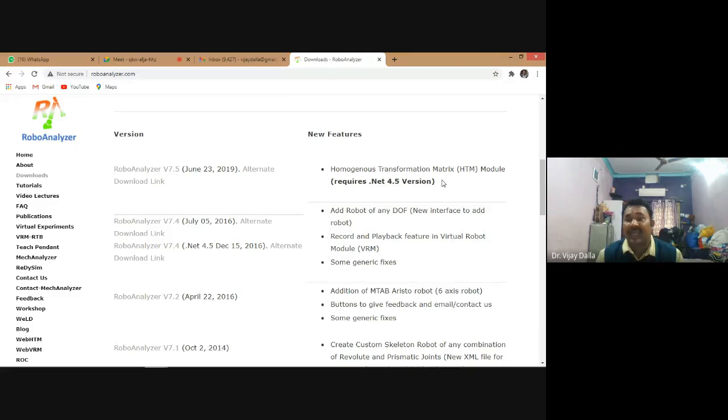That is the configuration. And transformation means movement of the objects. Okay, and there are three types of transformations: pure translation, pure rotation, and the third one, translation plus rotation.